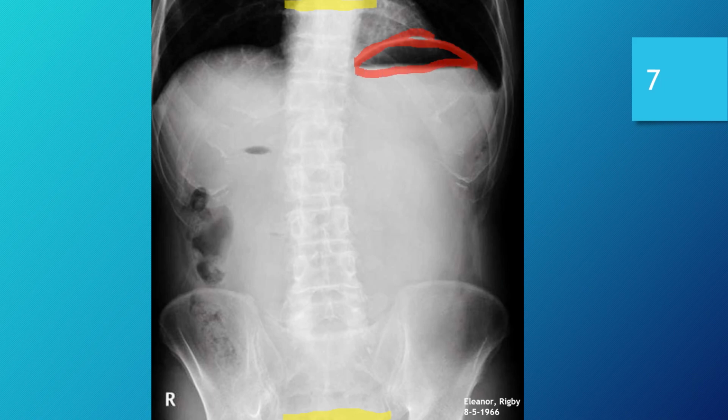A little half moon area right there is where fluid has settled in the belly, and the air has risen to the top, and that's what gives that half moon area right there. So this is an upright abdomen. Of course, when we really dig into visible anatomy, we'll get some other clues to that.